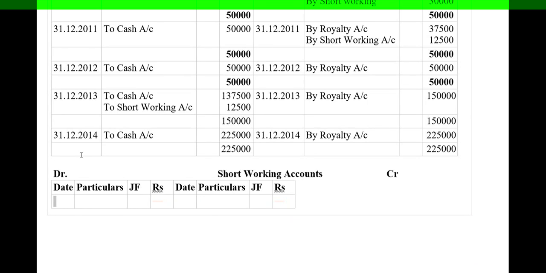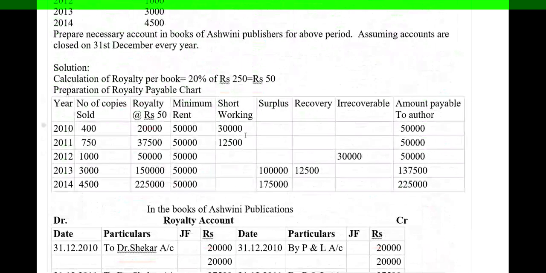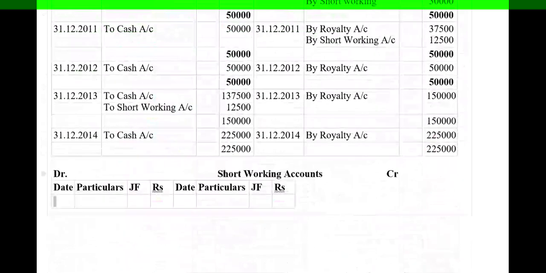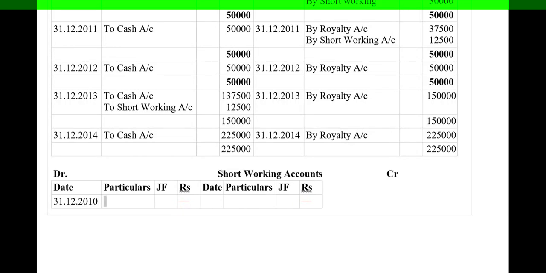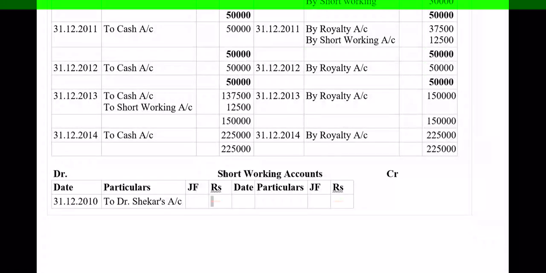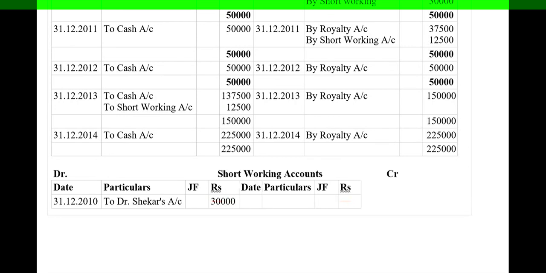So now let us record the things one by one here. So there's a short working. When you look into this chart here, we have got a short working in the first year, so that is 30,000. So on 31st 12 2010, when there is a short working, then it will be short working credited to Dr. Shekhar's account. To Dr. Shekhar's account. So short working amounted to rupees 30,000 here. 30,000.